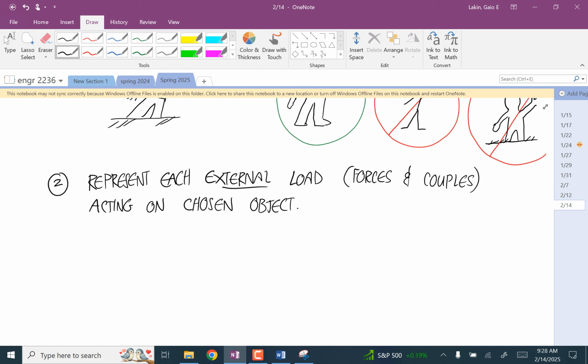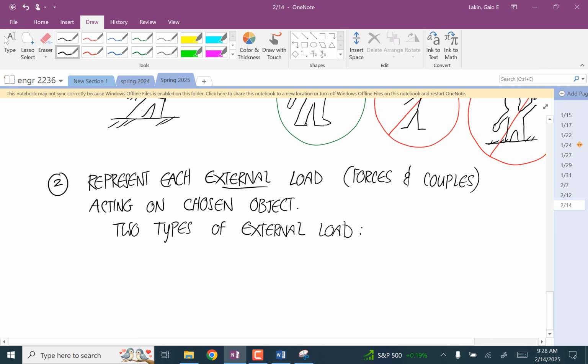These external forces, I'm going to break them up into two types. The first is what I'll call field forces.